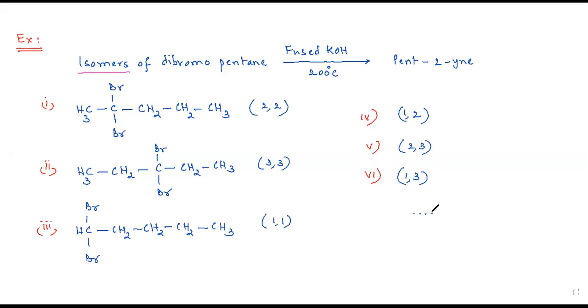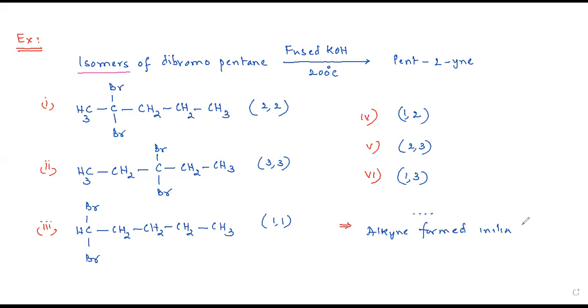Now any of these, whatever the alkyne formed initially, that is what I want. The alkyne formed initially rearranges to a more stable pent-2-yne. That is the interesting part. Suppose if you consider this case, you get a triple bond here itself. That becomes pent-1-yne. But even that gets rearranged to a more stable pent-2-yne.